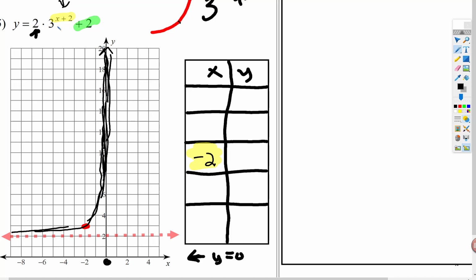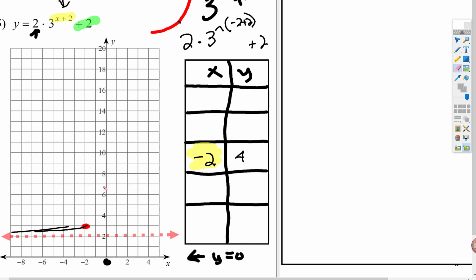And then just with your calculator, you're going to type 2 times 3 to the caret, put a parentheses around it, negative 2 plus 2, parentheses, and then plus 2. And so what you're going to get is, I believe, 4.